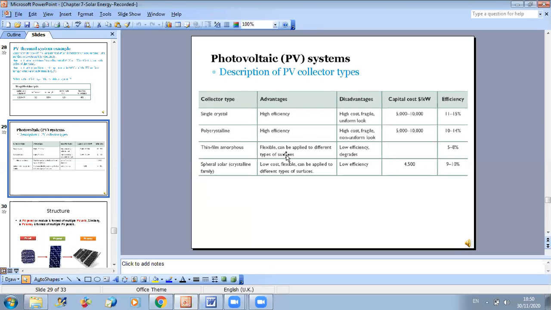For other types, as you can see, you have a lower efficiency. Okay, so for amorphous type, it is between 5 and 8%. But the advantage is that it's flexible and can be applied to different types of surfaces. So depending on your application and the efficiency required, you will decide on which type to use.